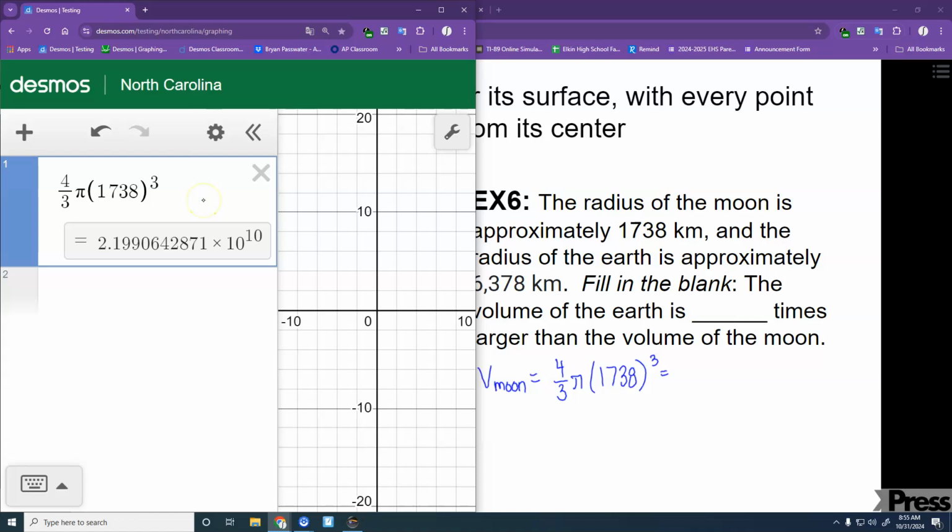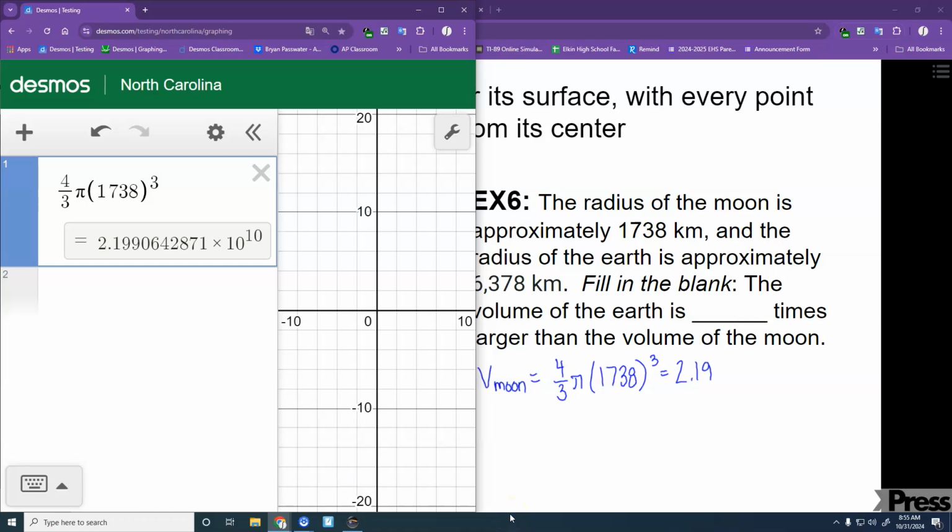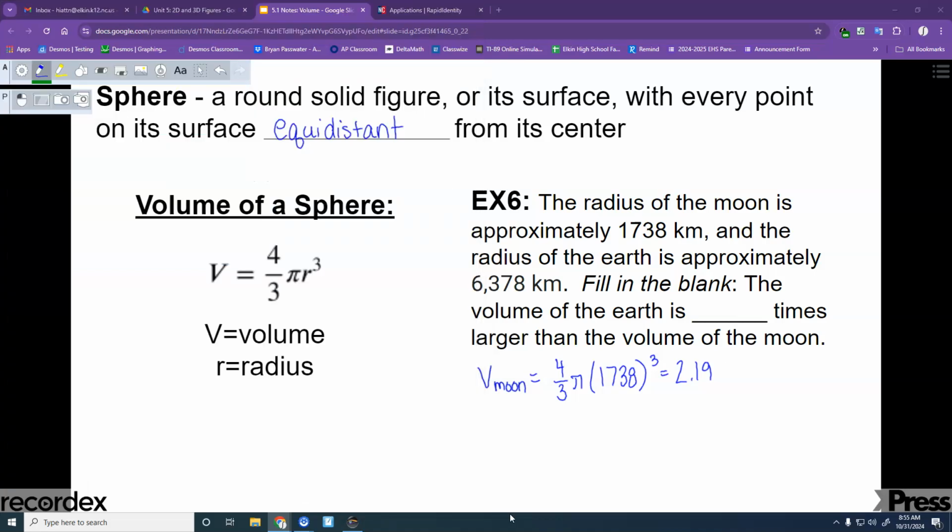So let's just write it down. We got 2.199. We just do 2.199 times 10 to the 10th power. That'll be close enough for getting us a good answer here.